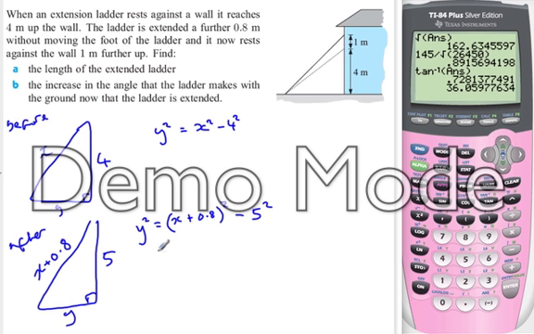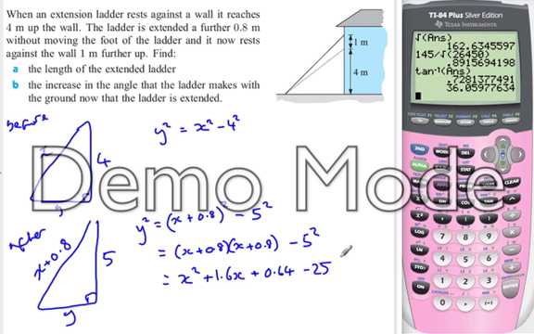Alright, let's just expand this out a little bit. So FOIL here, x add 0.8 times x add 0.8, minus 5 squared. So we get x squared. First outside will be add 0.8x, inside will be add 0.8x, so we're going to have 1.6x, and then 0.8 times 0.8 is 0.64, and I need to take away 25.